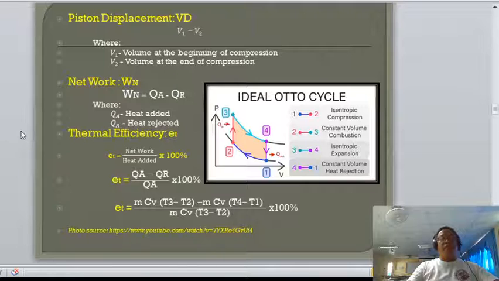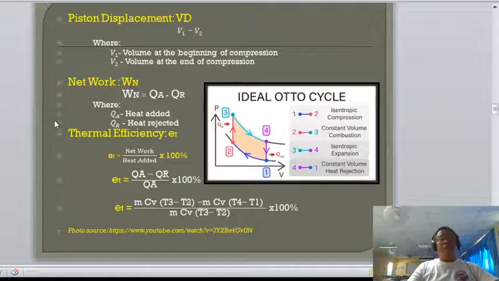Substituting from this original equation, the thermal efficiency is equals to heat added minus heat rejected over heat added multiplied by 100%. Substituting the definition of QA at point 2 to 3, QA is mass multiplied by the specific heat at constant volume multiplied by the change in temperature between 3 and 2.